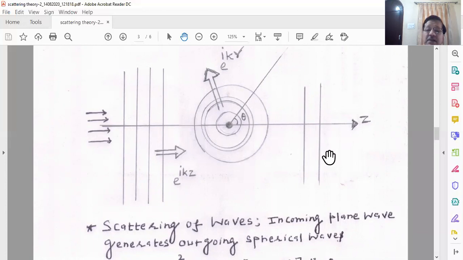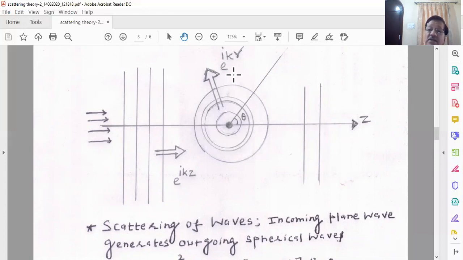So the scattered particle has two eigenstates. The plane wave is represented by e to the power of ikr, and you have the spherically scattered wave. The spherically scattered wave represents one eigenstate, which can be represented by e to the power of ikr divided by r.